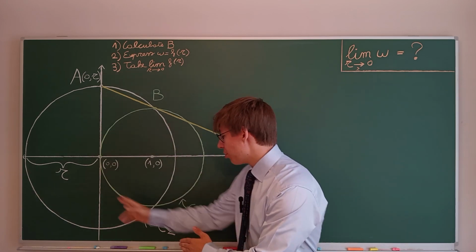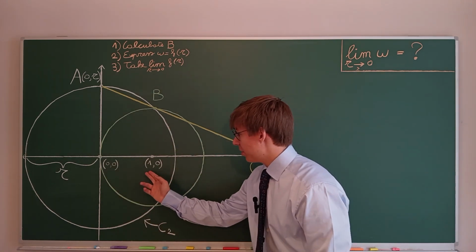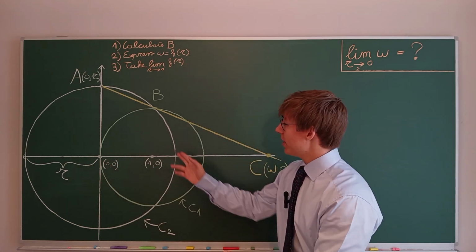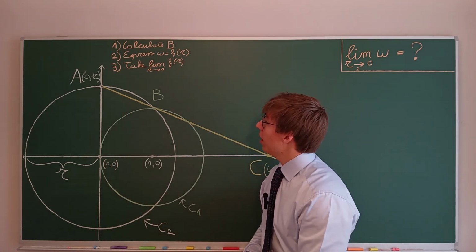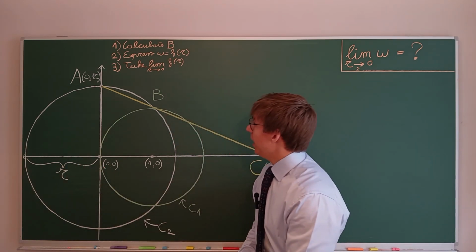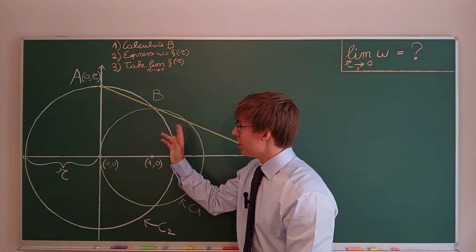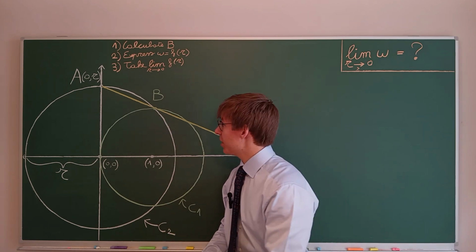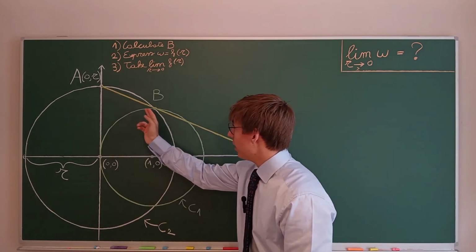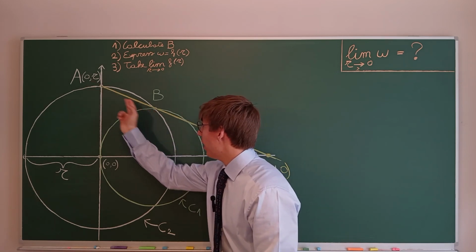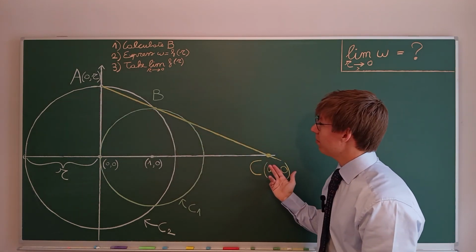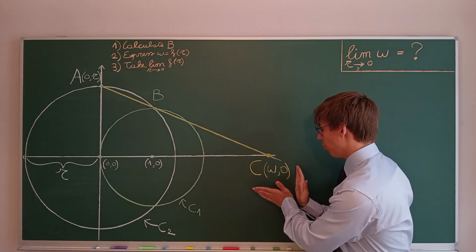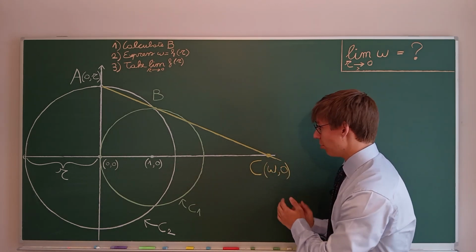We start with this green circle C1 with center (1, 0) and with radius 1. Then we take a bigger circle C2 with radius r, and we take the intersection point of these two circles and call it B. And now the question is, if we connect this point A to B, we pass a line through it, and we take the intersection point with the x-axis, we get this point C, (omega, 0).